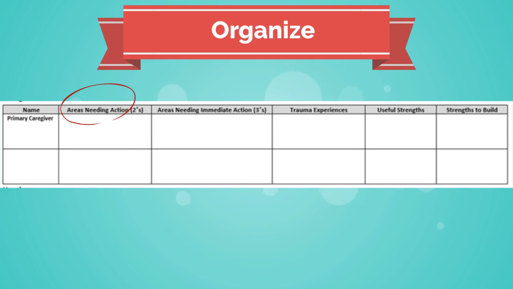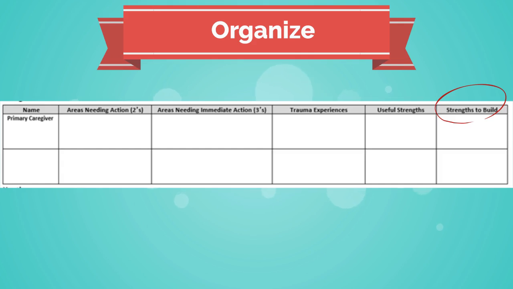And you would do the same for each category of areas needing immediate action or 3s, trauma experiences that are static things we cannot change that are rated a 1, 2, or 3 on the FAST, only useful strengths that help aid in the solution of the needs that are listed as 0s on the FAST, and any strengths to build that are listed as 1s on the FAST.